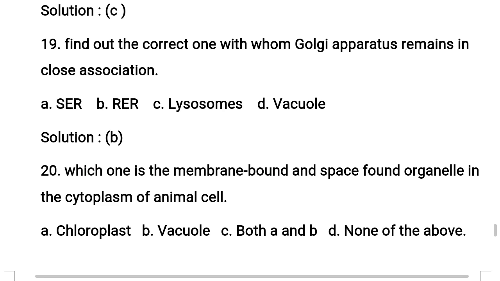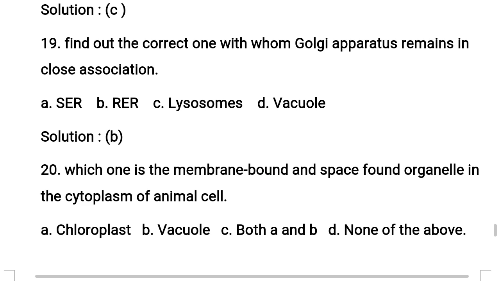Let's see a small explanation for this question. Golgi apparatus principally performs the function of packaging materials to be delivered either to intracellular targets or secreted outside of the cell. Understand? So here the Golgi apparatus remains in close association with the endoplasmic reticulum.